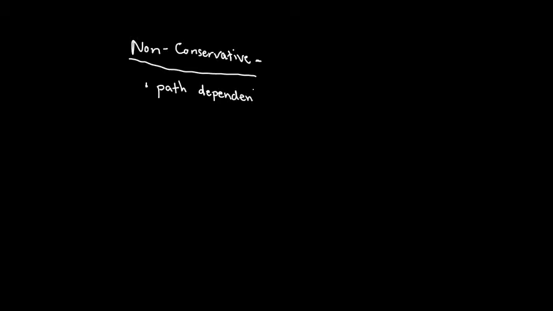In addition to conservative forces, we also have non-conservative forces. Non-conservative forces do care about the pathway that you take when you're using your force to move something some displacement. So these are path dependent. The primary non-conservative force that we've talked about so far has been friction.